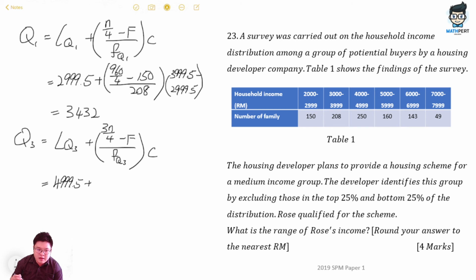So this is 3 multiplied by 960 divided by 4 minus F. F is the cumulative frequency before the Q3 class. That is 150 plus 208 plus 250, over F_Q3. So F_Q3 is the frequency of Q3 class. In this case it will be 160.